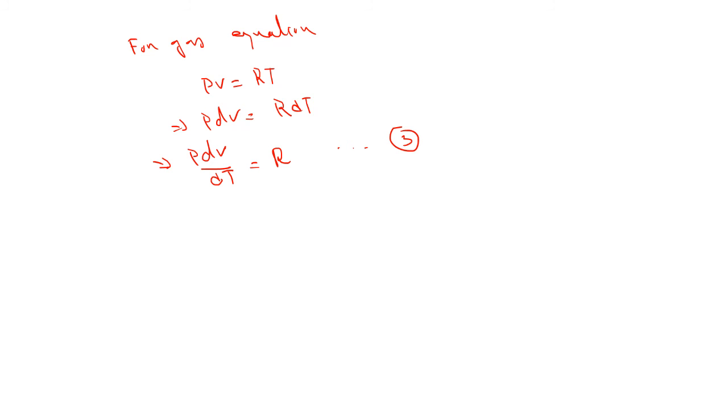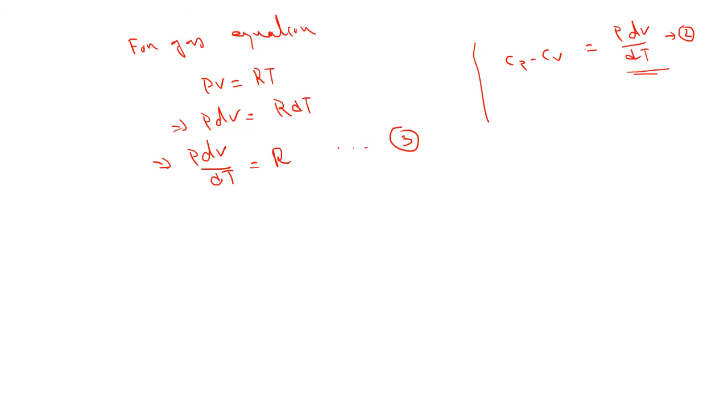So if we see our equation 2, what is equation 2? Equation 2 is Cp minus Cv equal to P dV by dT. So it means this part is equal to Cp minus Cv.